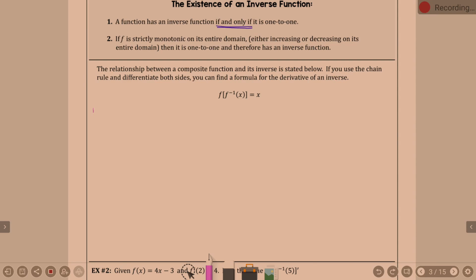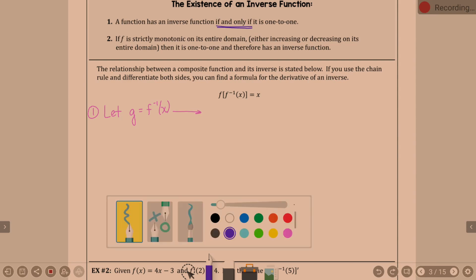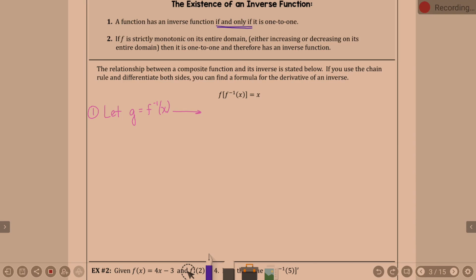Off to the side, I'm going to define G to equal F inverse, because otherwise it's going to get confusing writing our F's and our F inverses. So basically I'm going to take this and rewrite it. Instead of F of F inverse of X, we're going to say this is F of G of X, and it equals X.